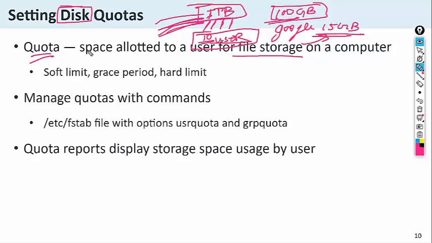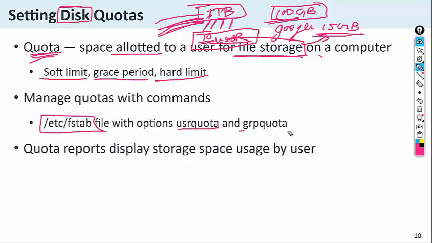So a quota actually allots space for storing files on computers. A soft limit, grace period, or hard limit can be used for assigning the quota. In Linux, in /etc/fstab, we can assign quota for the user as well as for the group. So user quota and group quota are used for managing the quota. We will discuss that later on.